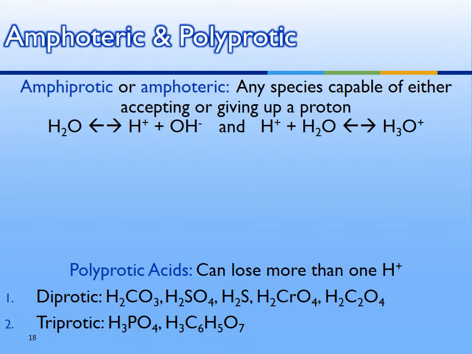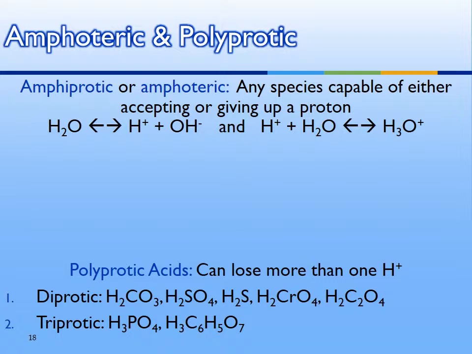Now, let's define amphoteric and polyprotic. Amphiprotic or amphoteric are species that can act as either acids or bases, meaning they can either accept or give up protons. Water is a perfect example of that.